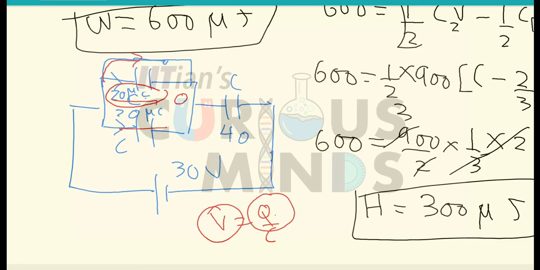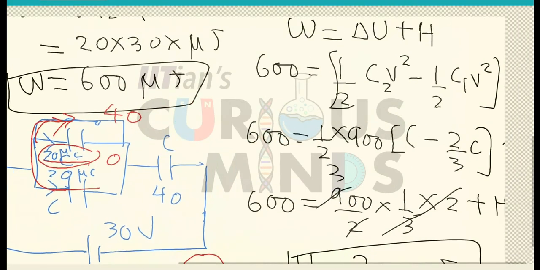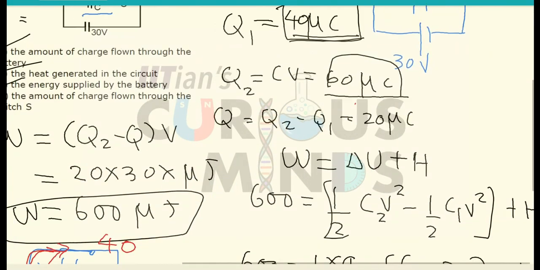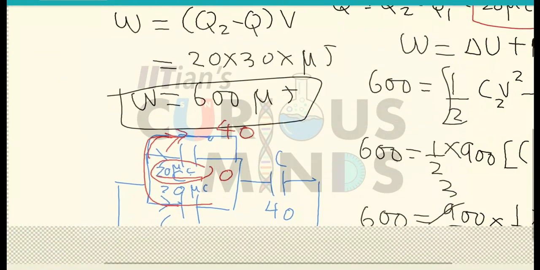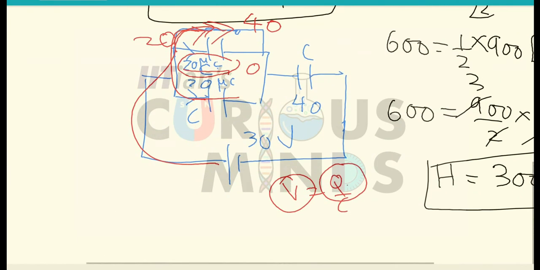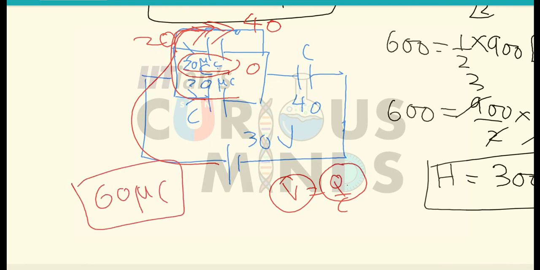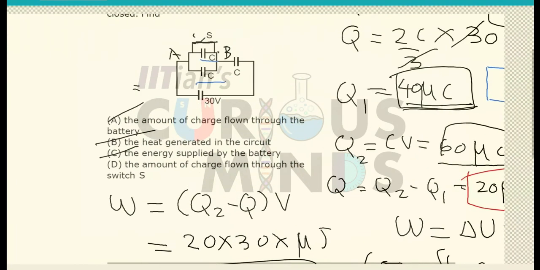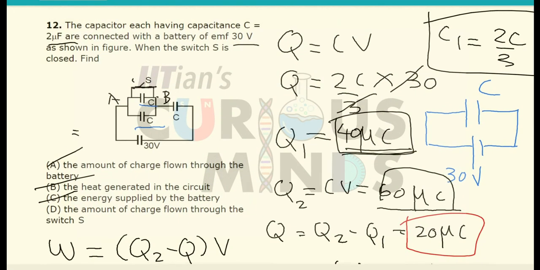This 20 microcoulomb and this 20 microcoulomb will flow through the switch, which is equal to 40 microcoulomb, and the battery over here is providing an additional 20 microcoulomb. So the total charge flowing through the switch is 40 plus 20, which is equal to 60 microcoulomb. So 60 microcoulomb of charge is flowing through the switch when the switch is closed. So I have found out the answer for the D also.